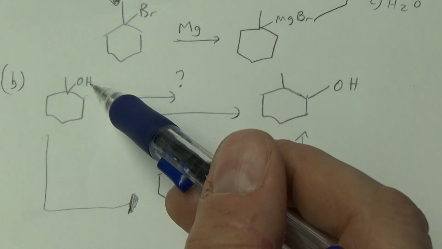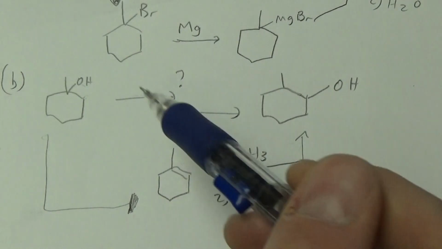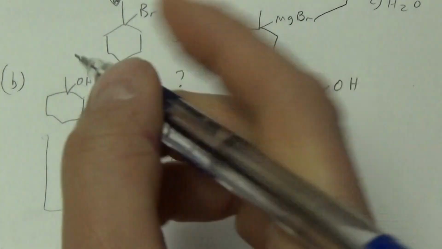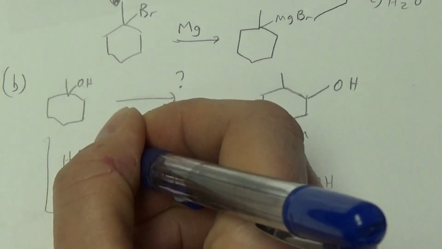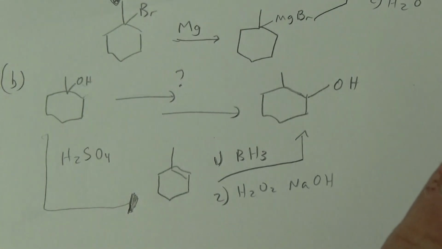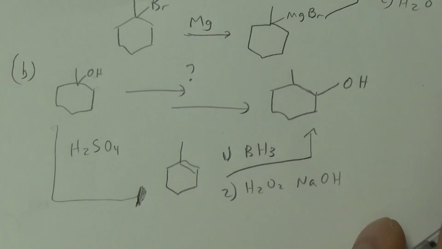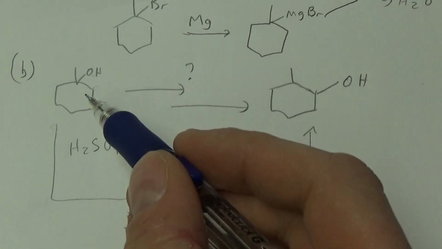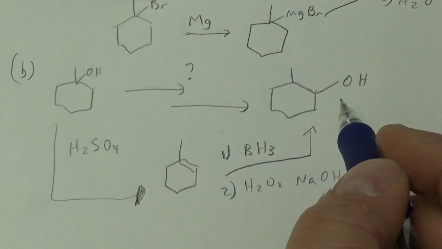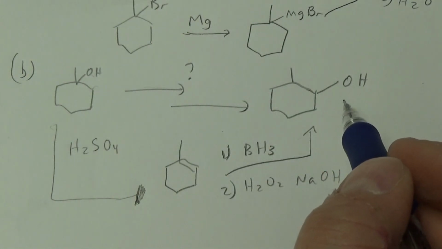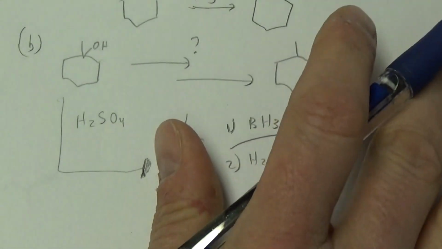SN1 reaction. We want to go to an alkene, so we don't use a nucleophilic acid, we use a non-nucleophilic acid like H2SO4. Cool, there we go. That would convert the highly substituted alcohol to a less substituted anti-Markovnikov alcohol. Simple synthesis.